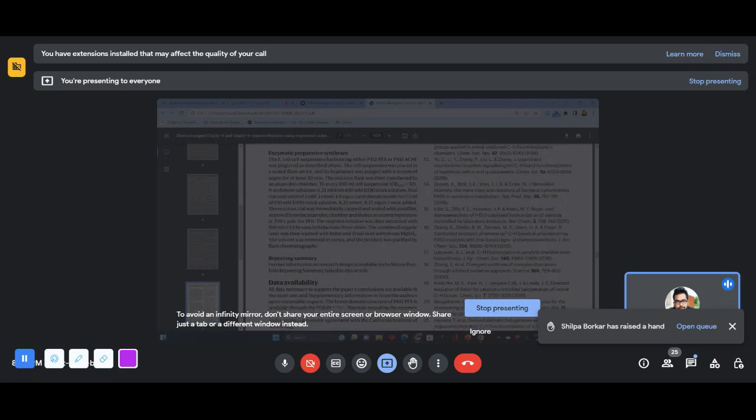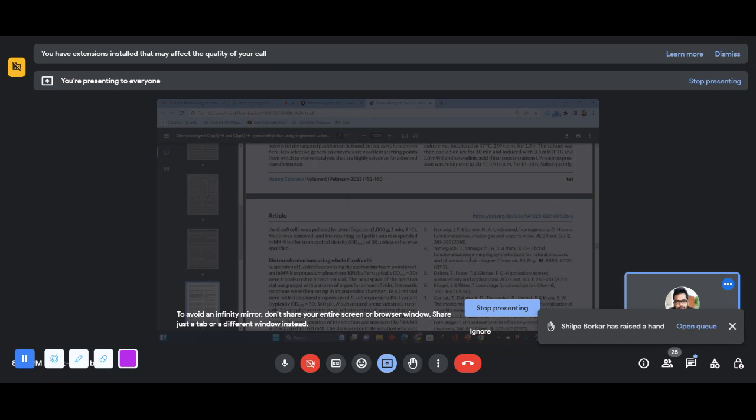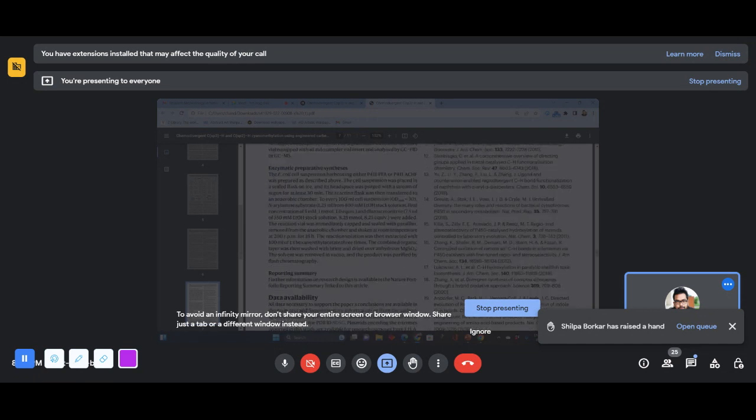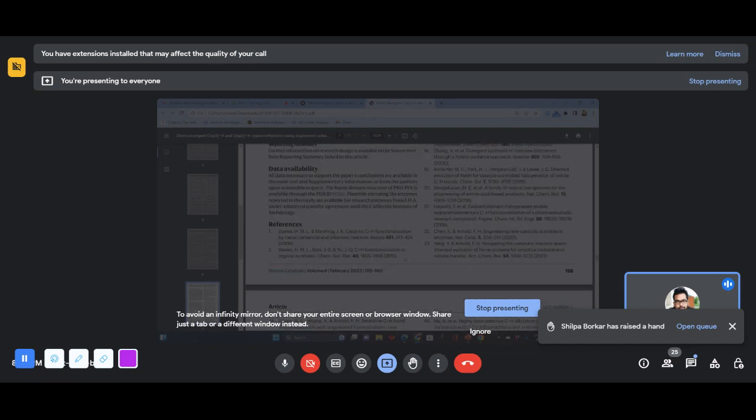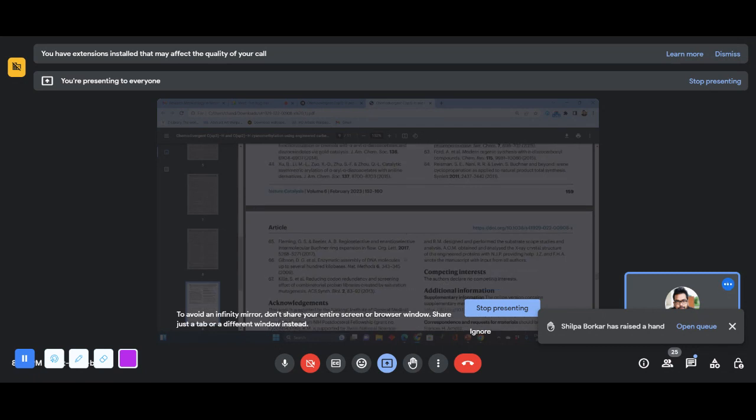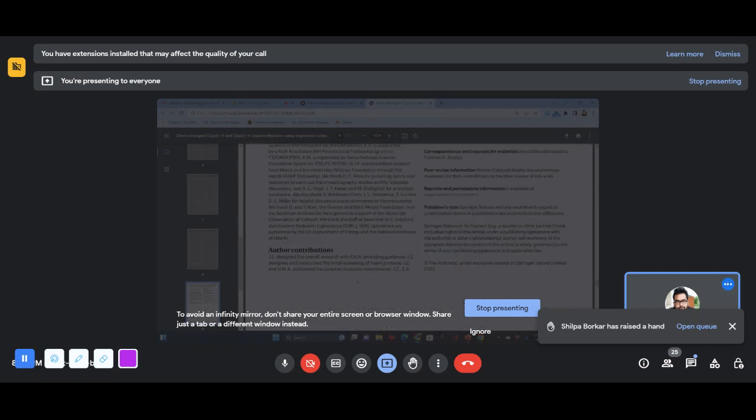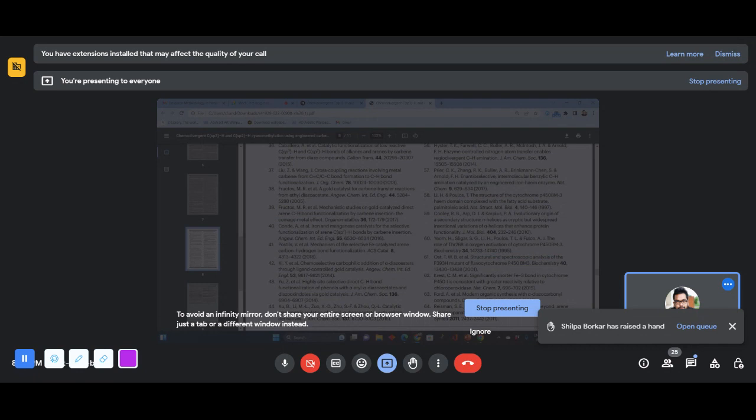Further you have to give the references, and then the acknowledgements, and then all the other things, right? In the reference section you can see a particular format is there, and you have to go through that. So I just wanted to show you how a paper looks.